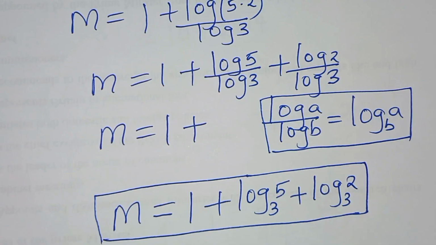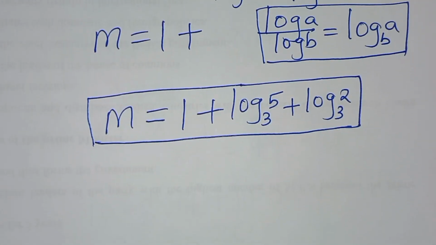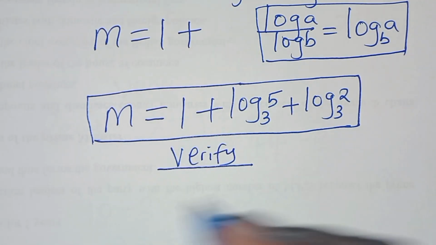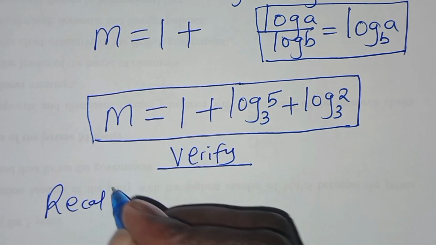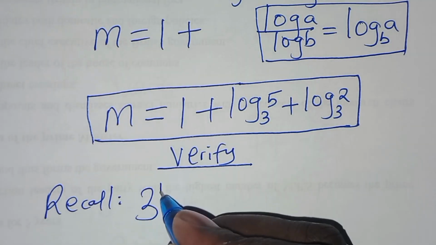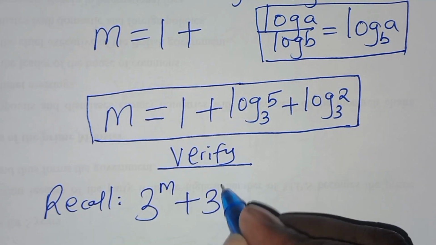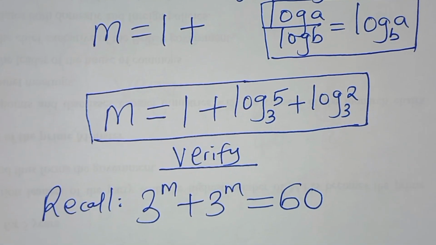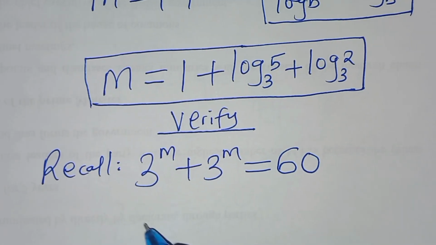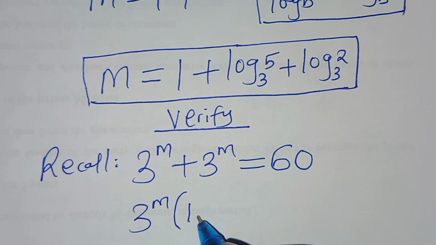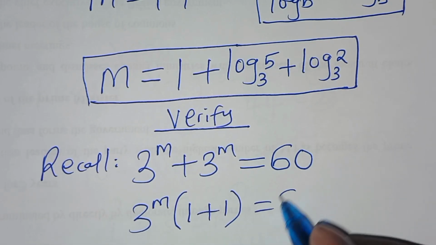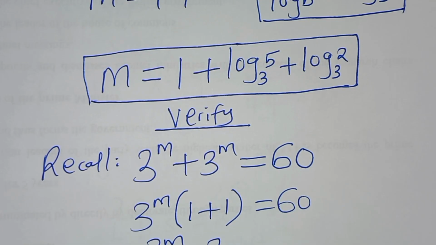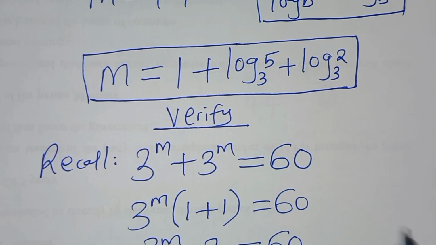So let's verify that this value of m actually satisfies the equation. If you recall here, we had 3 to power m plus 3 to power m, this is supposed to give us a value of 60, which we simplify further as 3 to power m times 1 plus 1, this is 2, this is equal to 60.